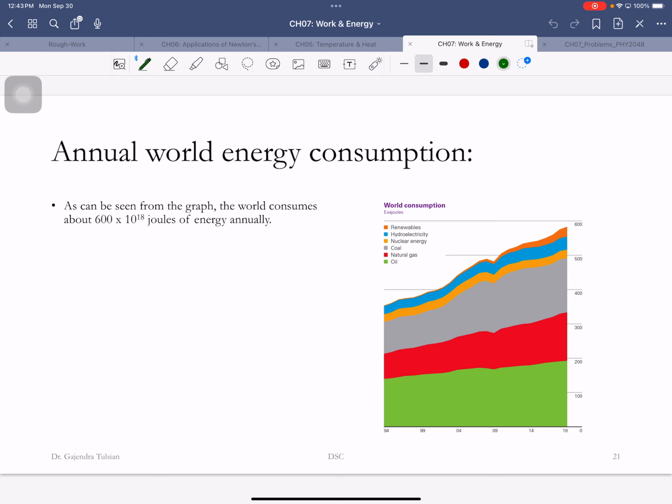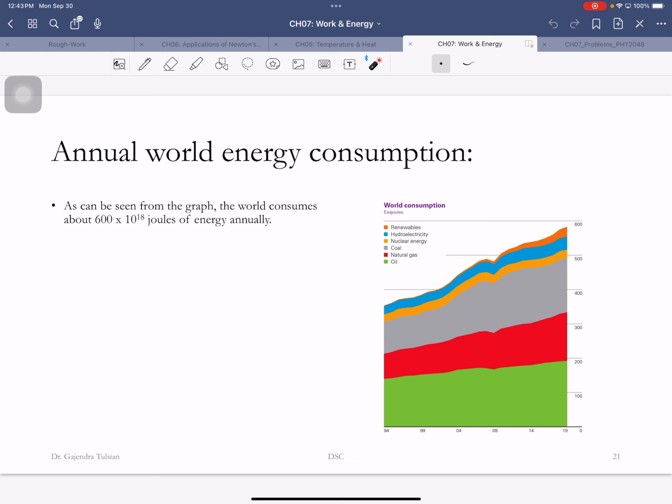So the numbers give you a sense, they might not be the latest numbers, but they're in the ballpark. You learned in this chapter you need energy to do work. So let's see, where does the world get its energy from?